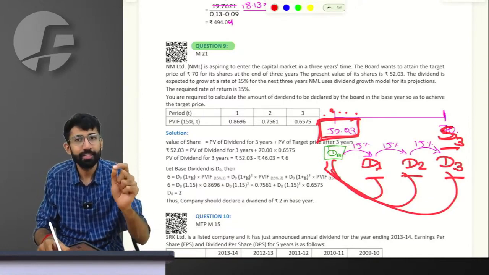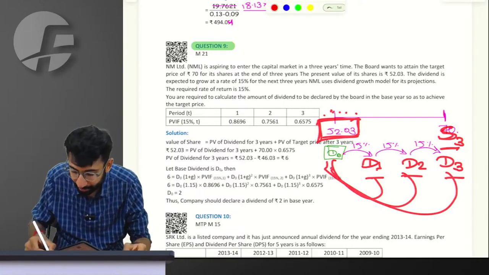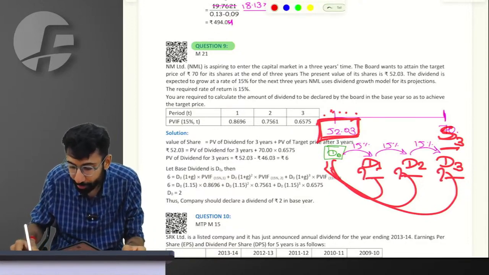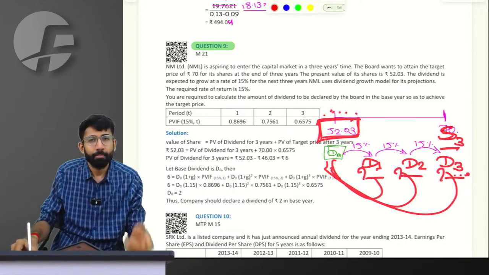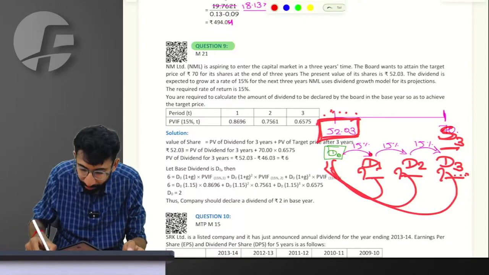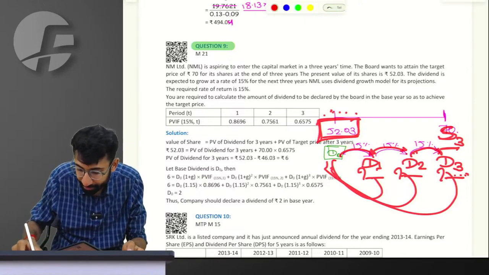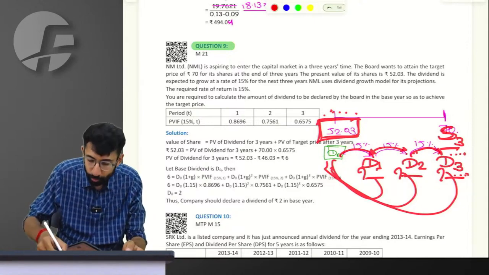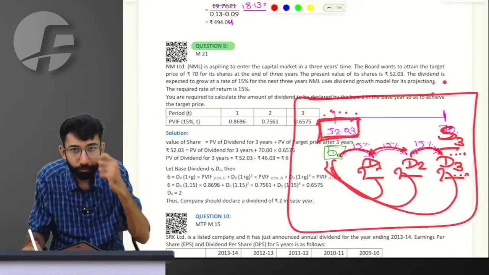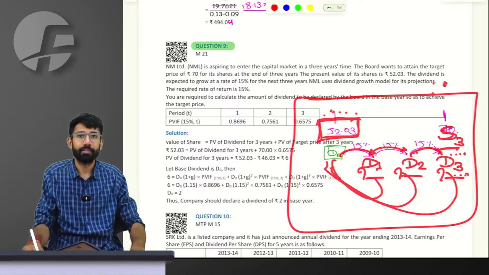Which means using this data, can I back calculate how much should be D1, D2 and D3? Because I know now that D1 is D0 plus 15%, D2 is further 15%, D3 is further 15%, which means this is a simple calculation of back calculating the things.